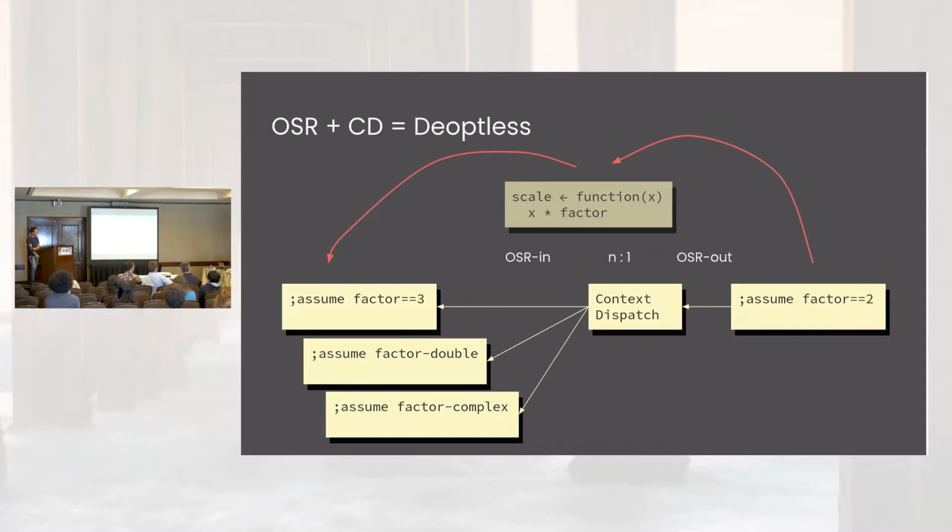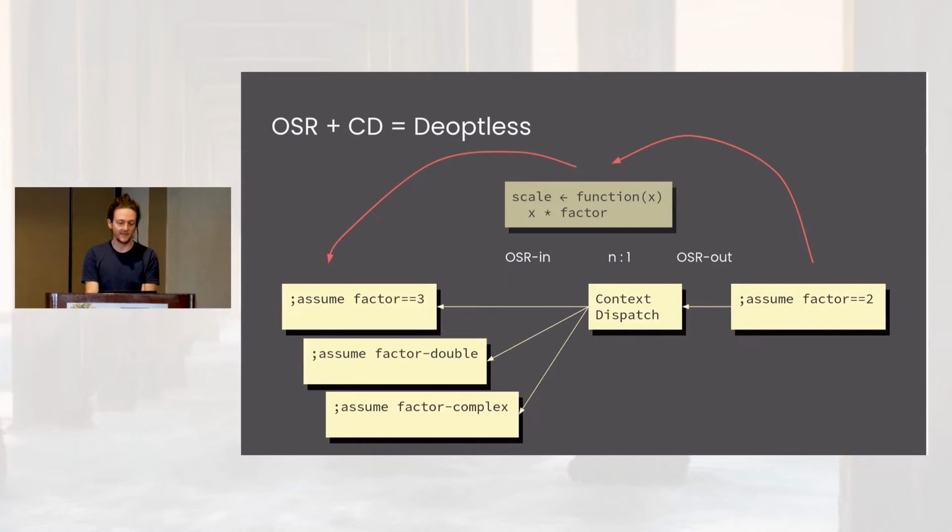Okay, another question from Slack. Is there any relationship with the lazy basic block versioning technique of Chevalier-Boisvert and Feeley from 2015? Yeah, I think it's a great question, and yes, there is a relation. With basic block versioning, you do this at every basic block.